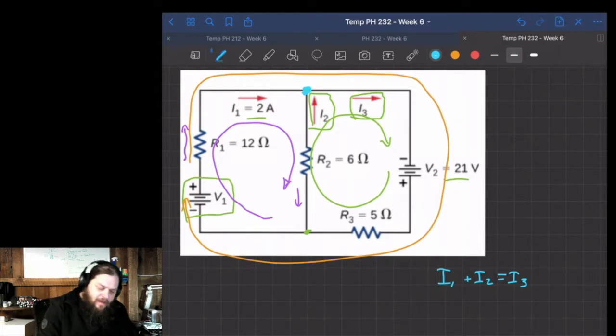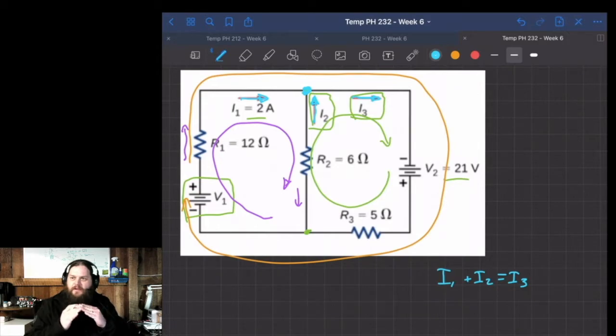This is going into the junction, that one's going into the junction, but this one's leaving the junction. So the 2 currents going into that junction need to be equal to the current coming out of the junction.